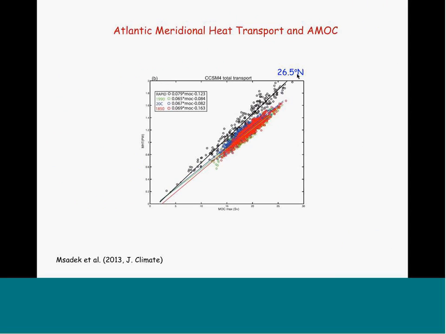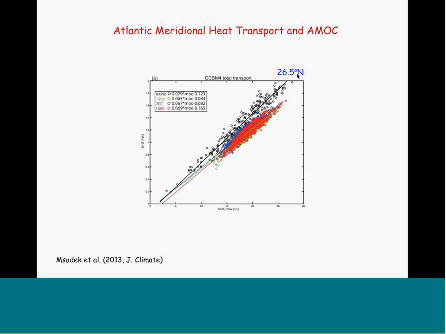I have only a few slides to justify why we care about AMOC. From observations, such as RAPID, and from modeling studies, we know that the majority of the northward heat transport, which has significant impacts for the climate, is associated with AMOC, roughly 90% of that.